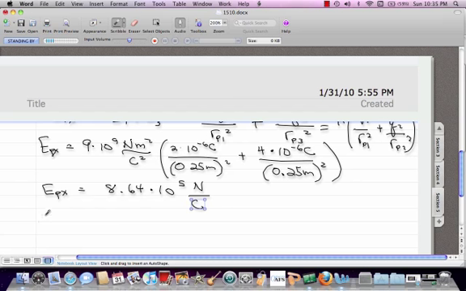And now when I want to calculate EPY, I'm just going to use E2. And that's because E1 and E3 only point in the x direction at point P, but for E2, it points in the negative y direction.